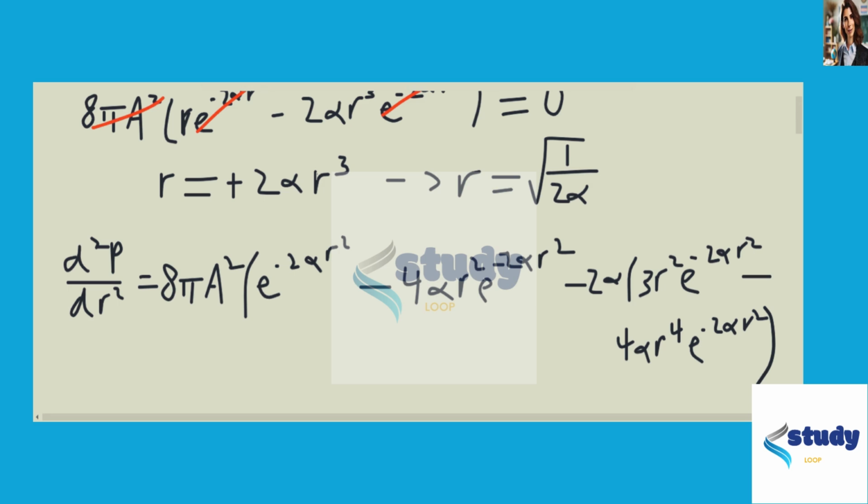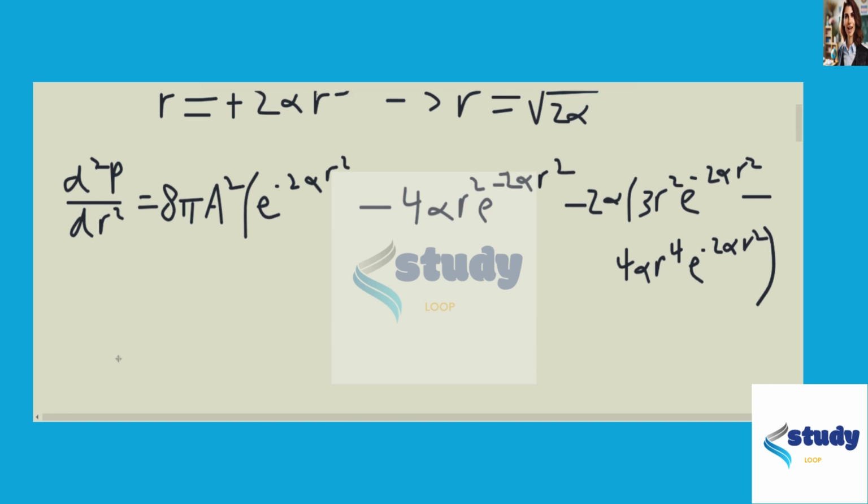Okay, so now we can even further simplify this. First of all, we can pull out the e to the minus 2 alpha r squared, because that's common in all of them. And then further simplifying, we have this being 2a times alpha r on that front.